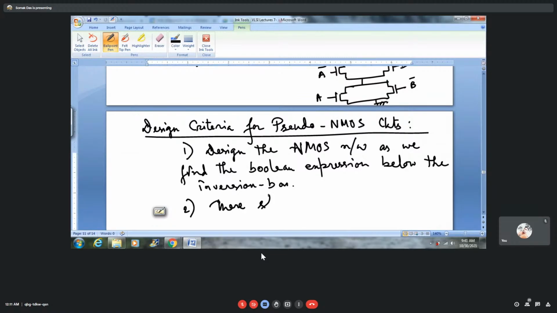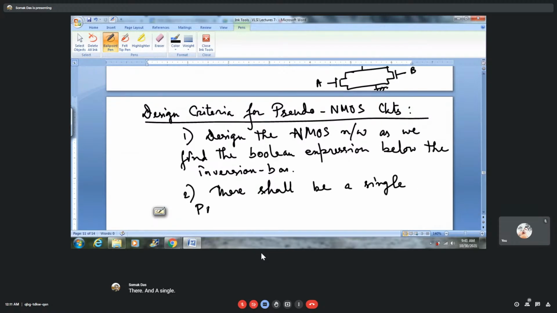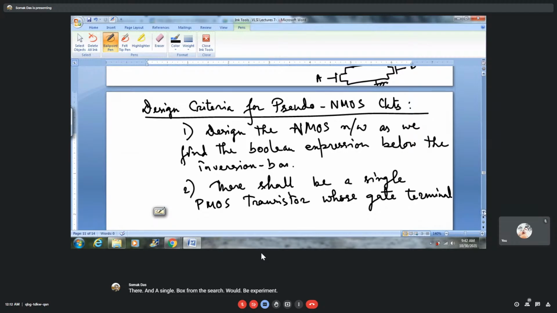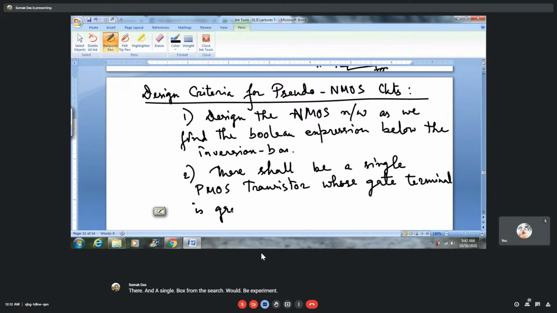There shall be a single PMOS transistor whose gate terminal is grounded and source connected to the biasing potential.